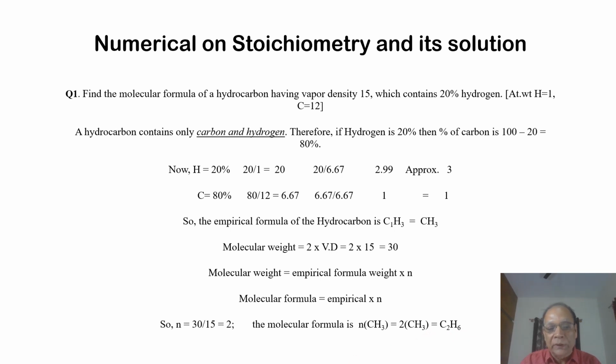And this compound is ethane. This can be an extension of the question, name the hydrocarbon, and you get 1 mark for that. So C2H6 is ethane.